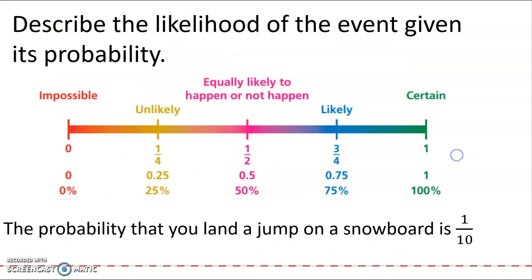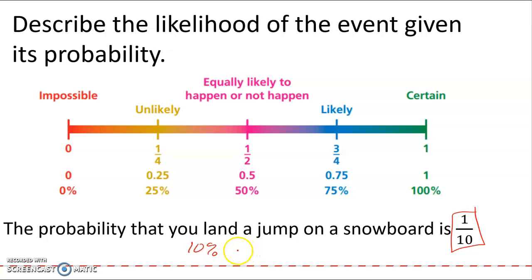Now, this one says the probability that you land a jump on a snowboard is 1/10. Now, fractions are a little harder. What I would do is change that to a decimal. So if you do 1 divided by 10, that's 0.1, which is 10%.